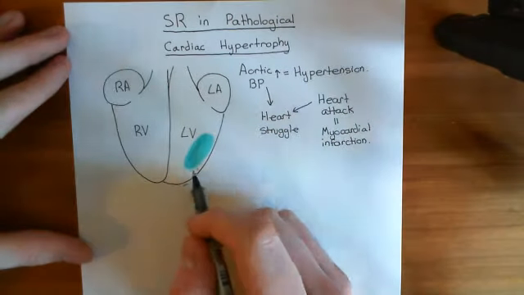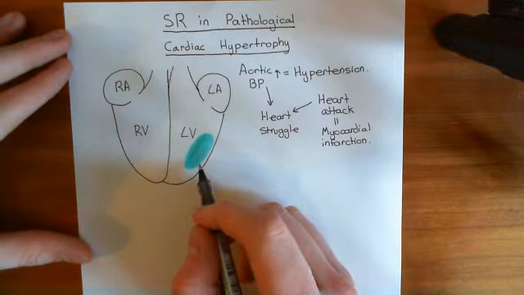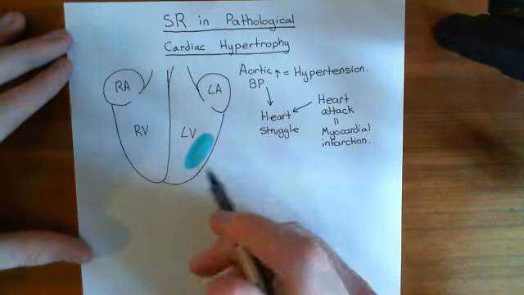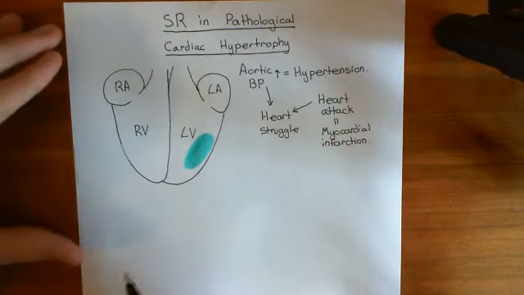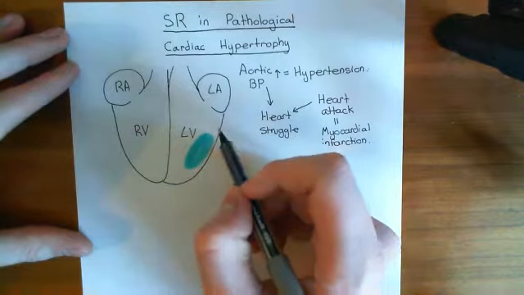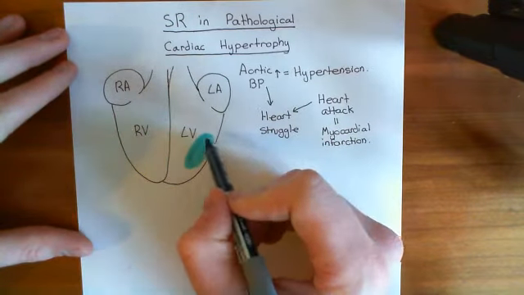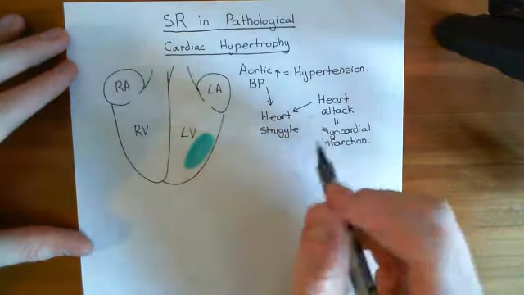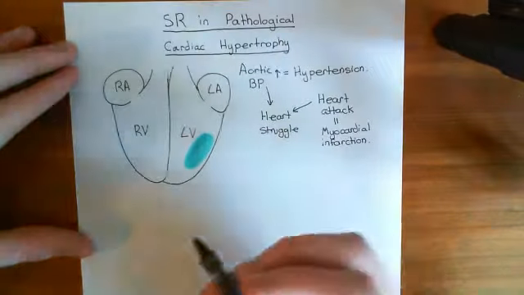Okay, but that's not going to be able to actually contract, so it's not capable of helping with the job of the left ventricle, which is to expel blood into the aorta. So this means that the rest of the cells of the left ventricle are going to have a harder time, because this great big lump isn't contributing at all. So a heart attack could also mean that the rest of the left ventricle is struggling.